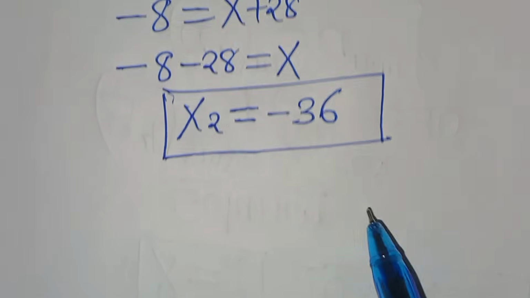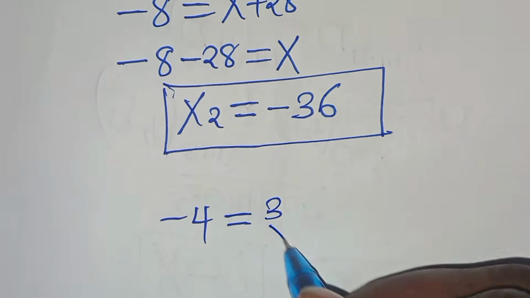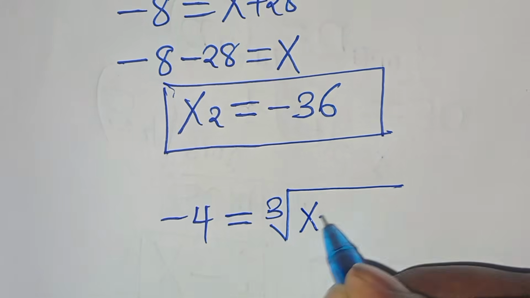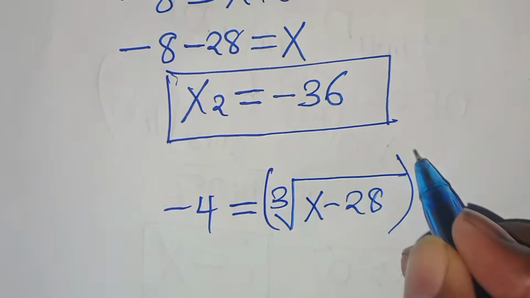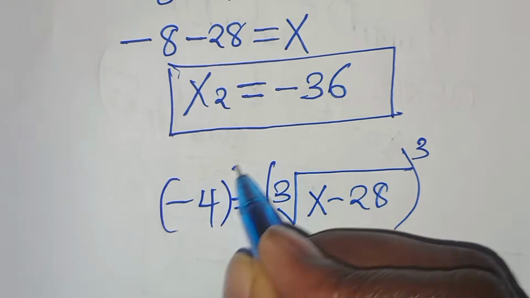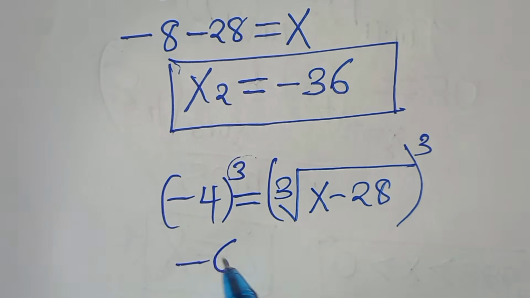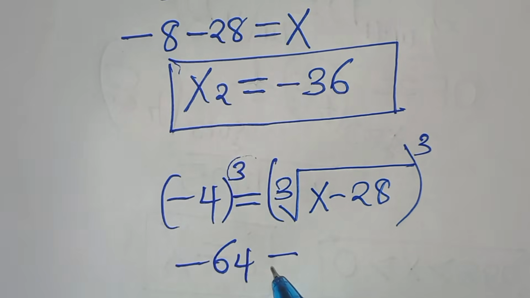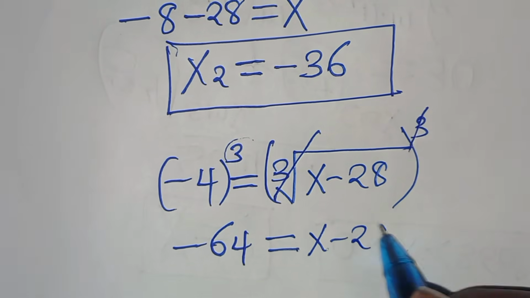Now we can also confirm by b, which is minus 4. Remember, this is minus 4, equal to the cube root of x minus 28. Now let's raise to the power of 3 from here, so that negative 4 to the power of 3, this is negative 64, is equal to, let's eliminate the cube root sign, x minus 28.